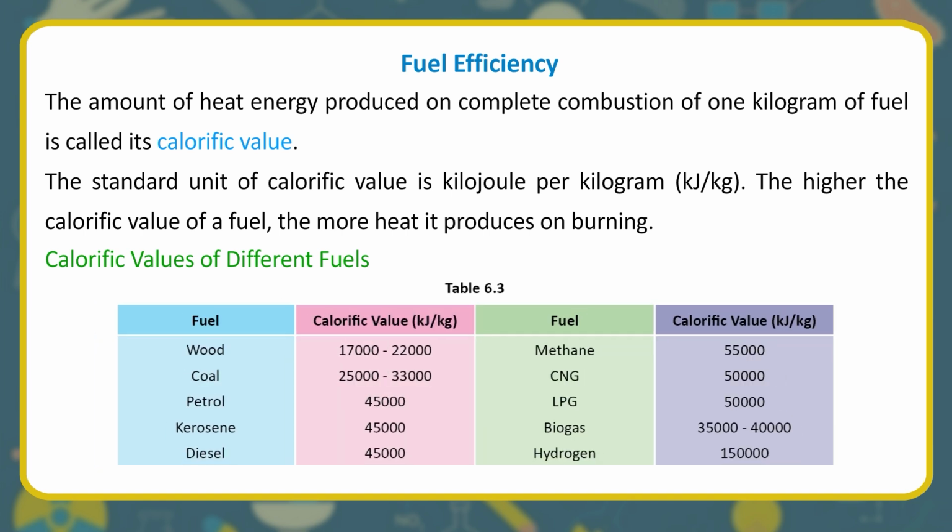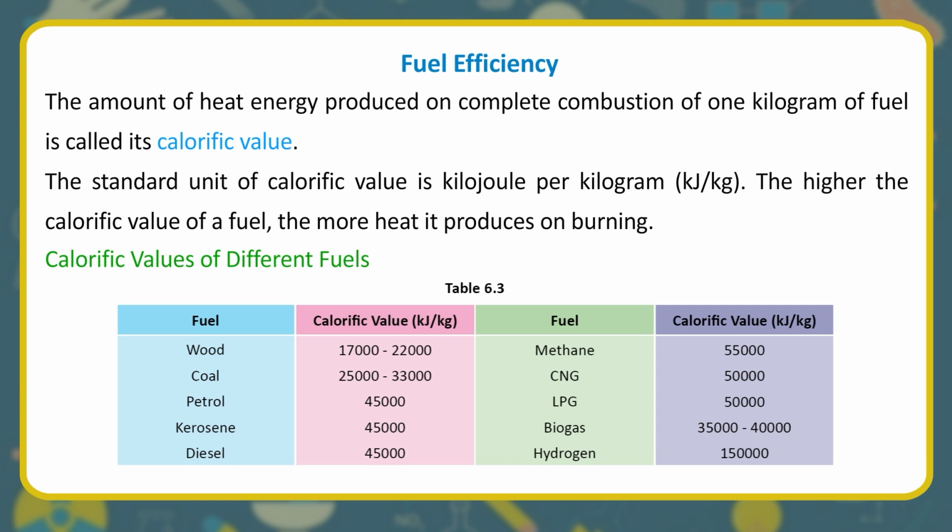Table. Fuel and calorific value in kilojoules/kg. Wood, 17,000 to 22,000. Methane, 55,000. Coal, 25,000 to 33,000. CNG, 50,000.